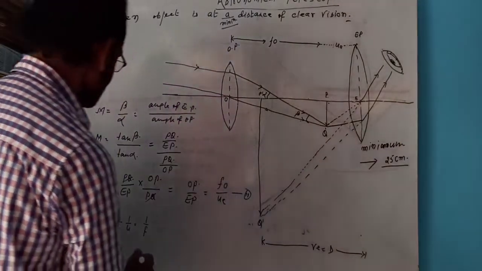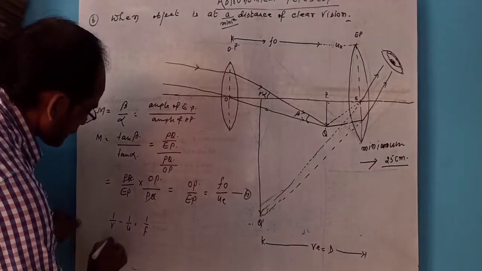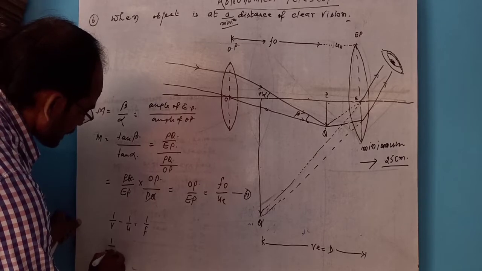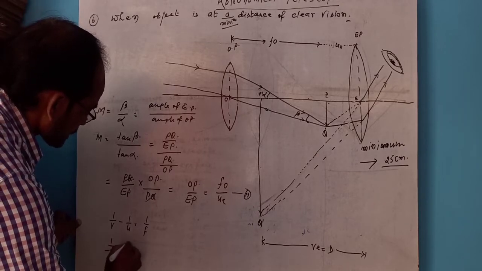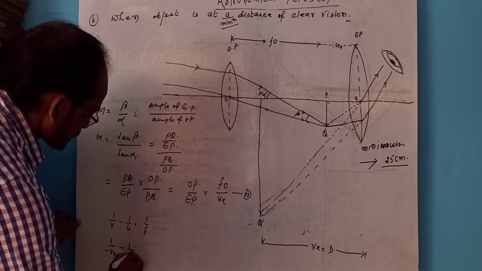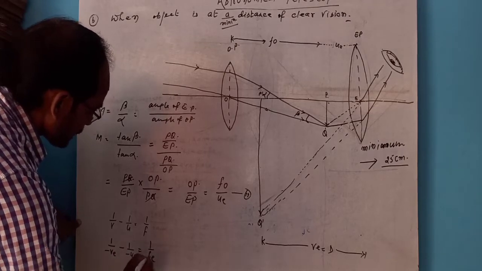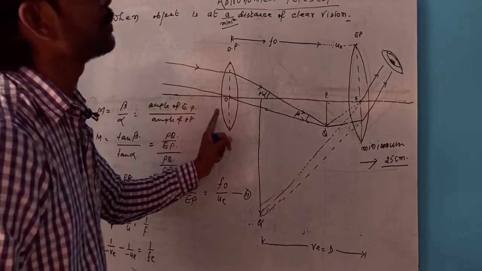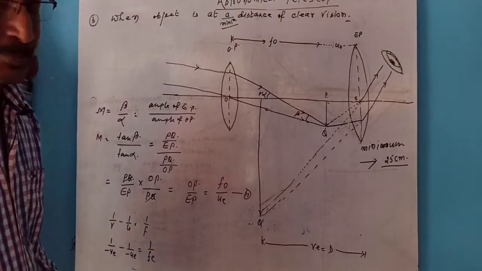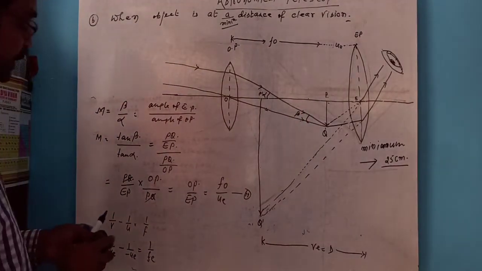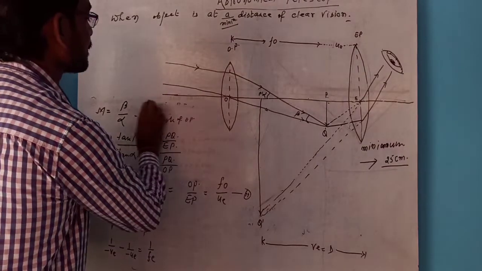On the same side, it can be written as 1 by minus VE minus 1 by minus UE equal to 1 by FE with respect to the eyepiece.